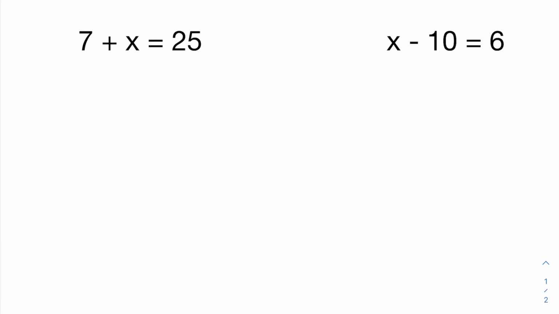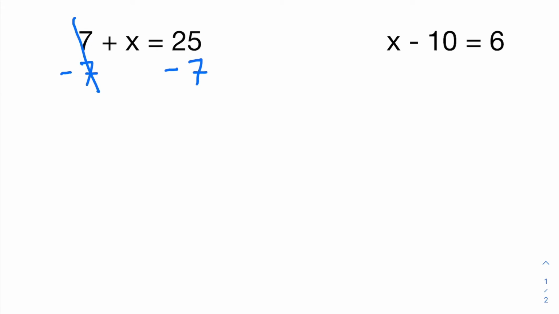Here it says 7 plus x equals 25. The 7 here is being added to the x. The x is having a positive 7 added to it. So in order to get rid of that 7, we would have to subtract 7 so that those will cancel out. And whatever we do to one side of an equation, we always have to do that very same thing to the other side of that equation.